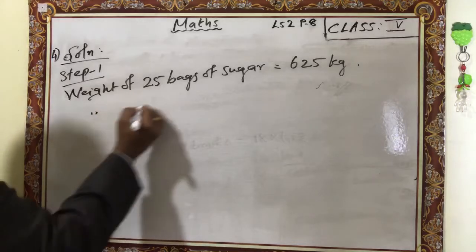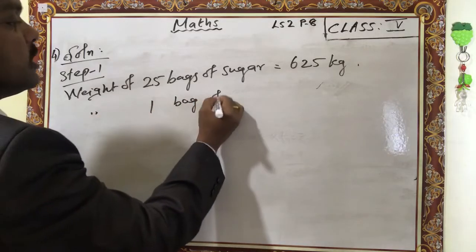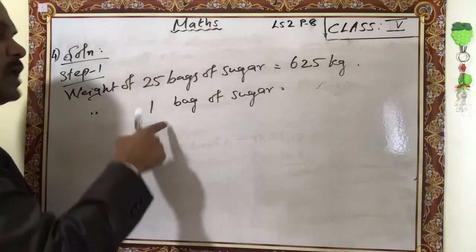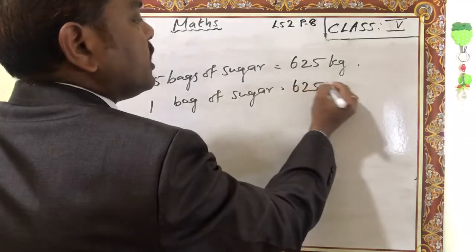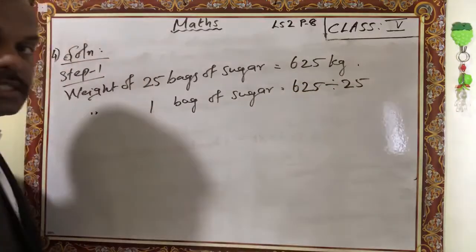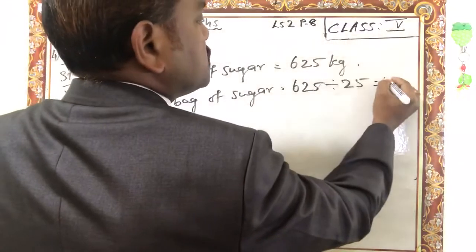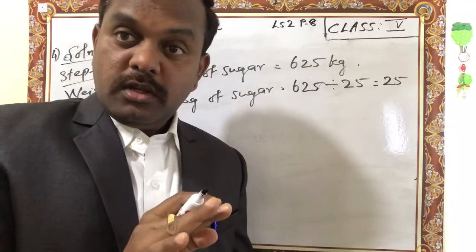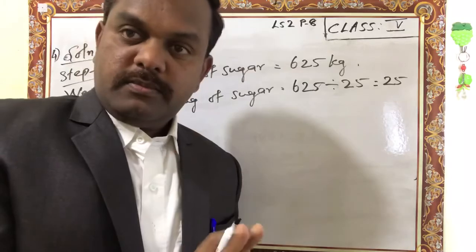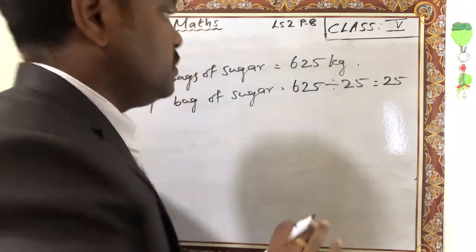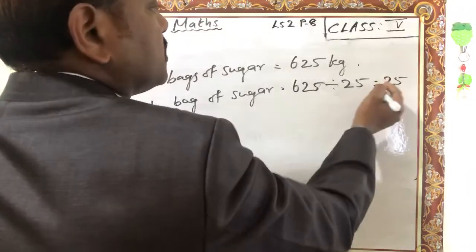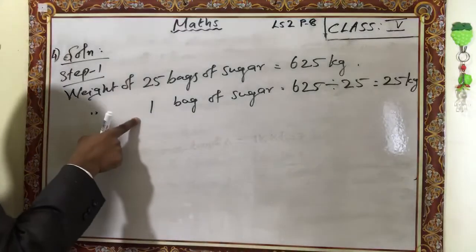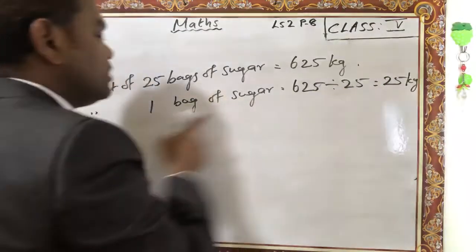Next, the weight of 1 bag of sugar. 25 bags are given, 1 bag is the question, so you have to divide. 625 divided by 25 is equal to 25. You can do this one in mental mathematics: 25 into 25 is 625. You have to know this type of mental mathematics. So 25 kilogram is the weight of 1 bag. Understood?